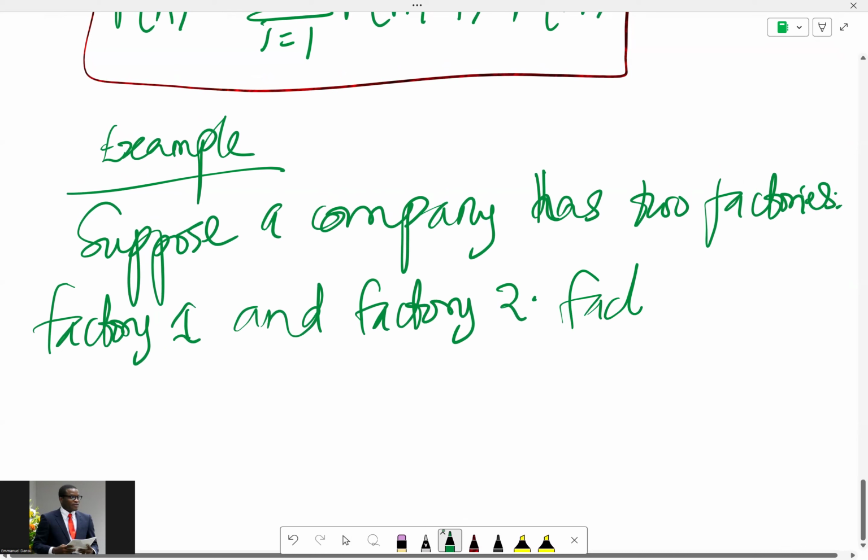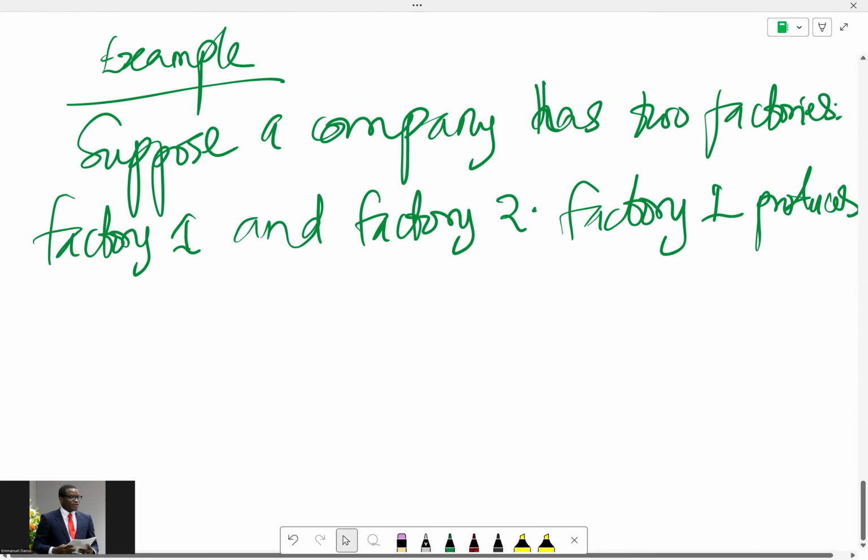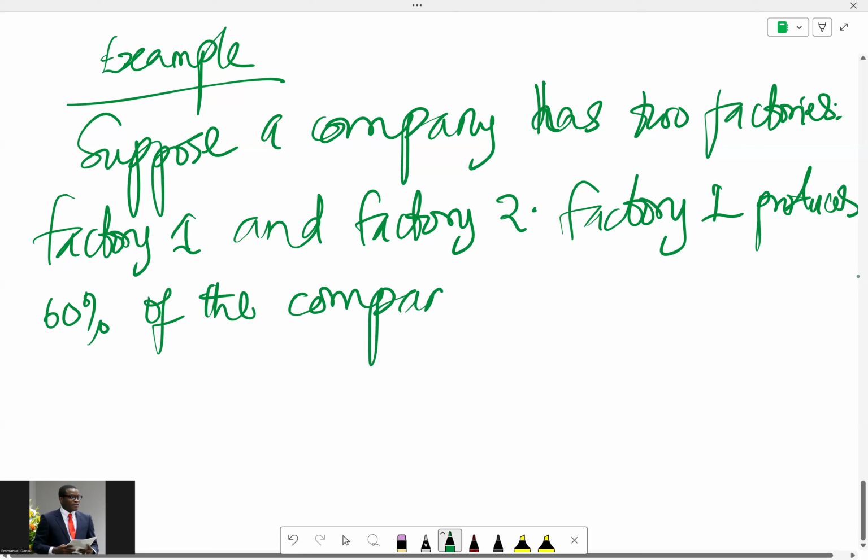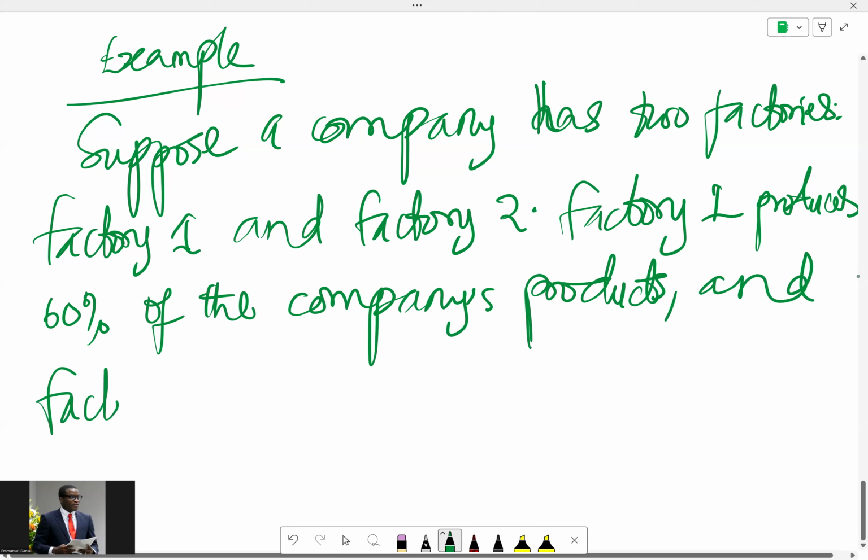Factory 1 produces 60% of the company's products, and factory 2 produces 40%.